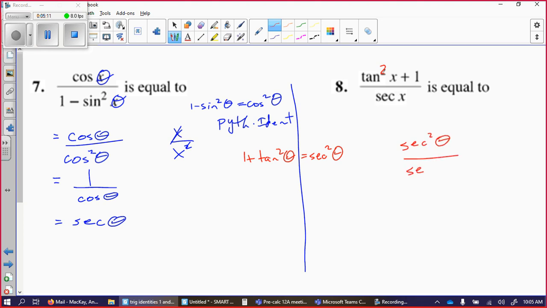It's like x squared over x, which is just x. So secant squared over secant cancels, and we just have secant theta. If somebody says to put it in terms of sine or cosine, you could say it's 1 over cos theta, but if you're simplifying, that step is okay.